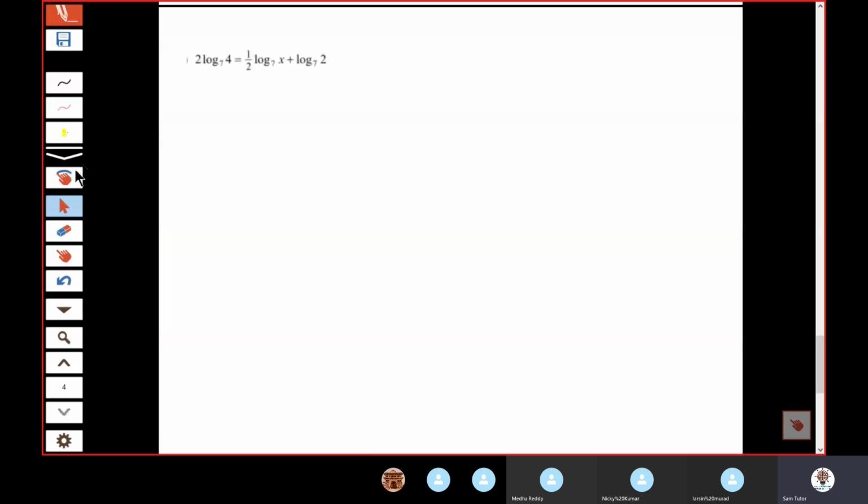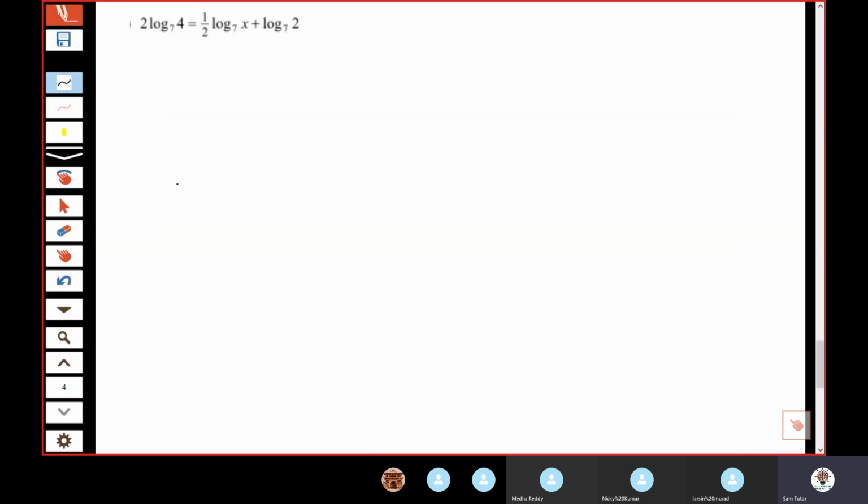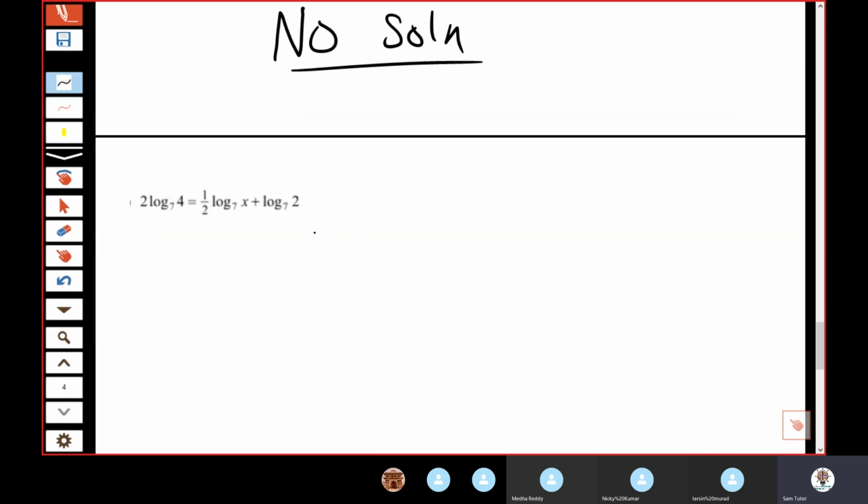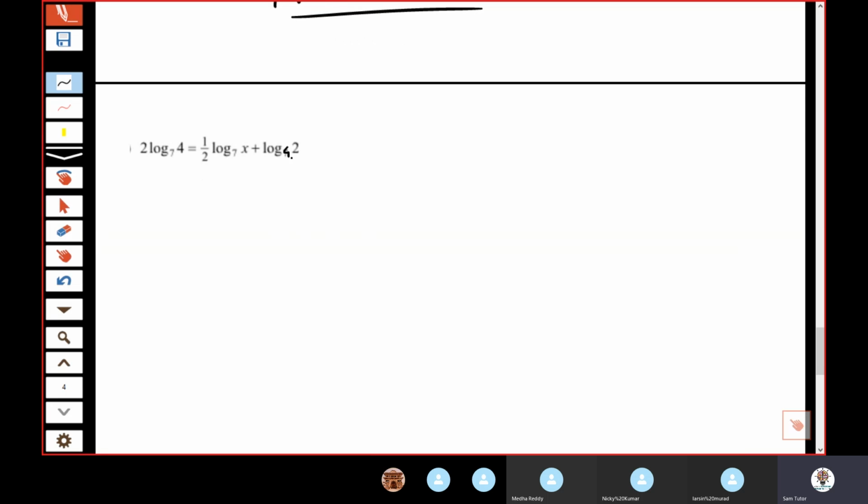All right. Here we go. So I get this question straight away. I go, okay, well, 7, you know, it's everywhere, so I don't need to worry about it. I've got 2 log 4 equals half log x plus log 2. Again, I go, I don't like these numbers in front, so log 4 squared equals log x power half plus log 2. I don't like the plus here now.